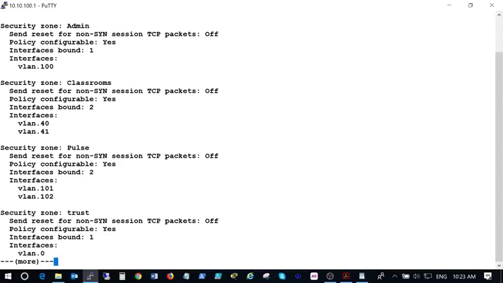So if I turn this to on, then what the firewall's going to do when it gets traffic that is not sync traffic, in other words, if the endpoints were creating a new session, you'd get a sync, a sync ACK, and an ACK. What we're saying is we're getting traffic, but we're not creating a new session. We're just trying to send traffic to an existing session that no longer exists.